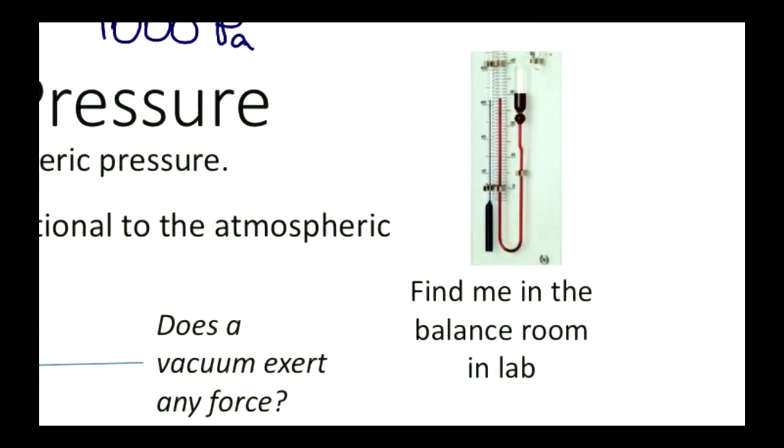So the barometer in the lab, which you guys will no longer go to, at least for this class, you will in 1220. In the balance room, this is the barometer that you use to measure atmospheric pressure. So the idea here is the bulb. There's this red liquid. Focus on the red liquid. The blue one's just a thermometer. But inside this bulb is a vacuum.